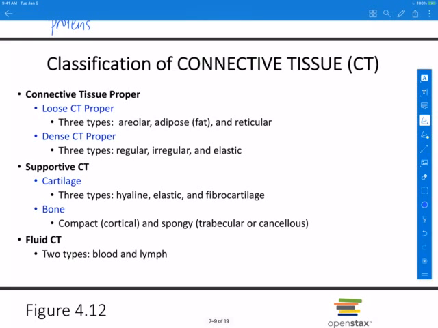The first major class is connective tissue proper, and connective tissue proper includes two basic types. One is loose connective tissue proper, and the other would be dense connective tissue proper.